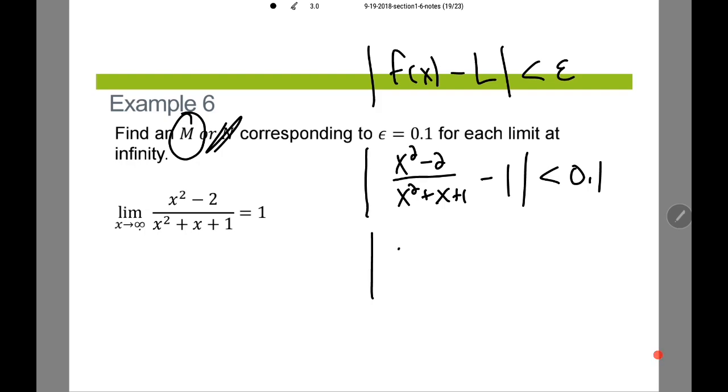In order to solve this, we got to get a common denominator. In order to have a common denominator, I have to have x squared plus x plus 1.